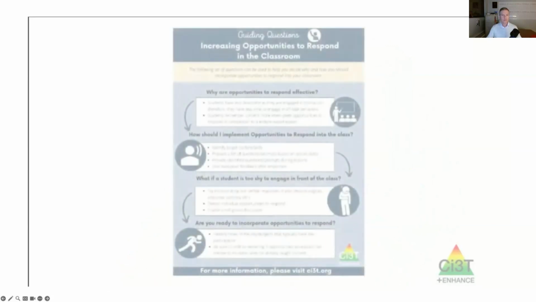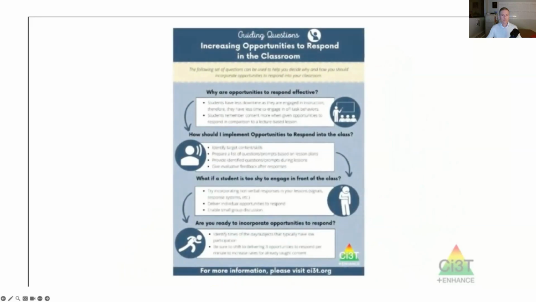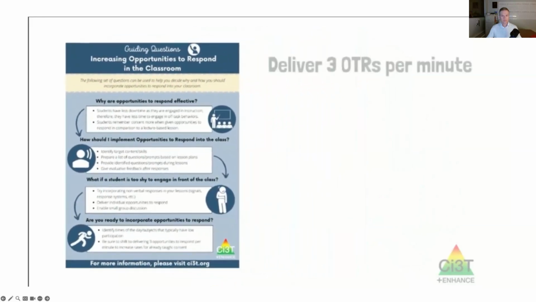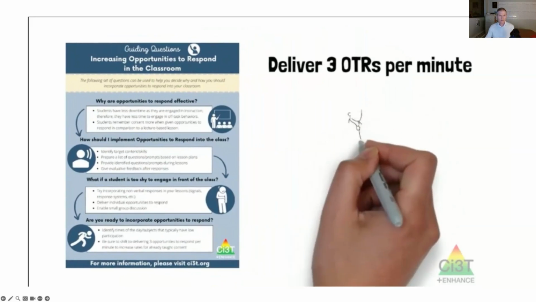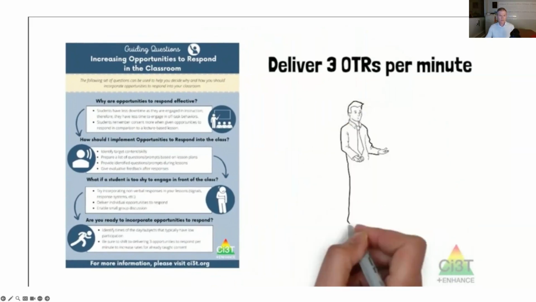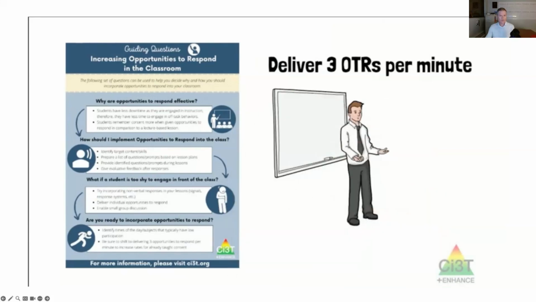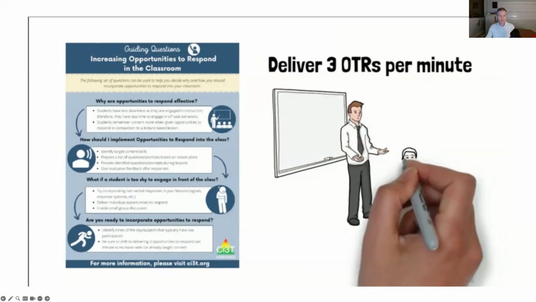To implement increased rates of opportunities to respond, teachers should aim to provide students with 3 or more opportunities to respond per minute. Students are expected to reply quickly, and teachers provide immediate feedback regarding the accuracy of the student's response.